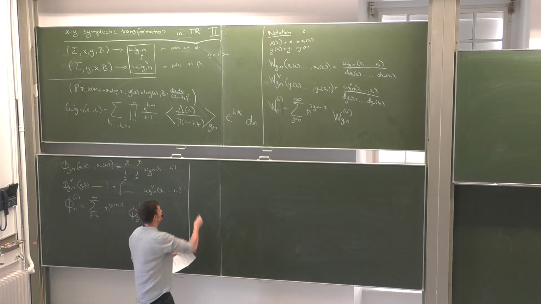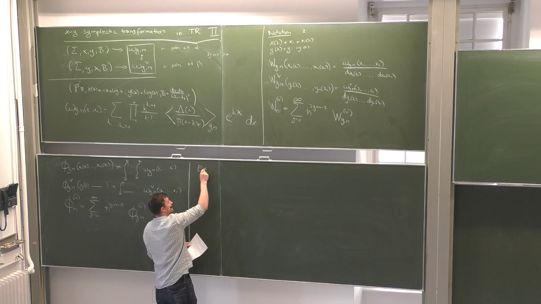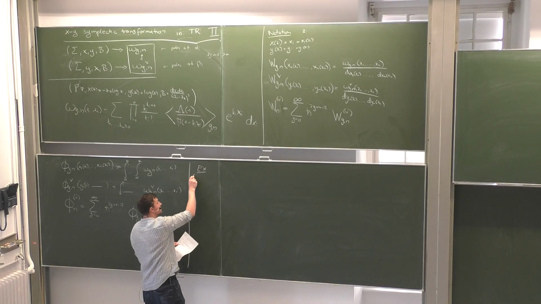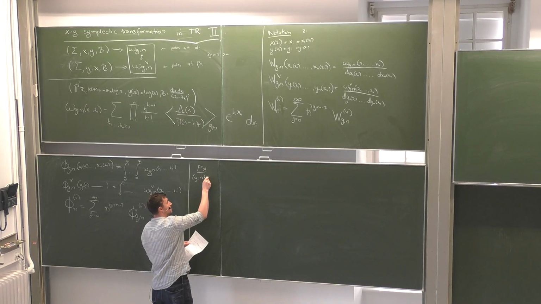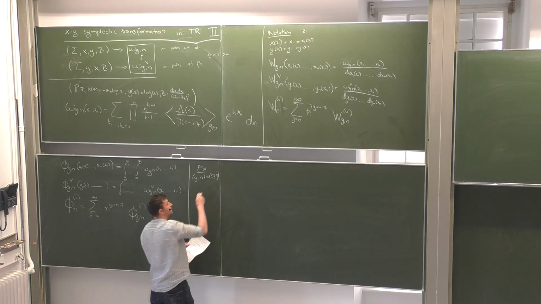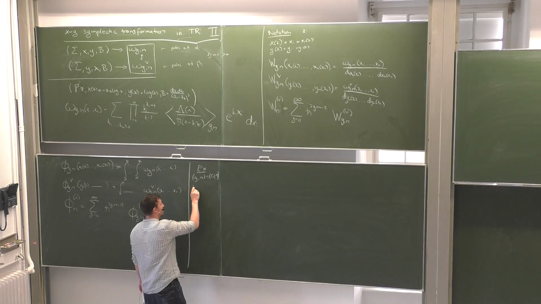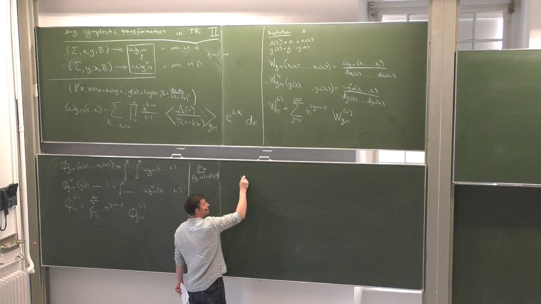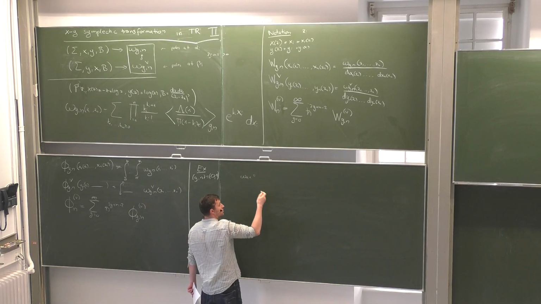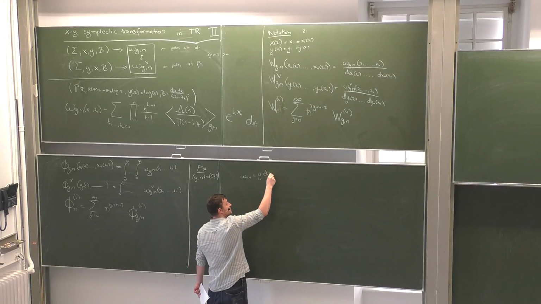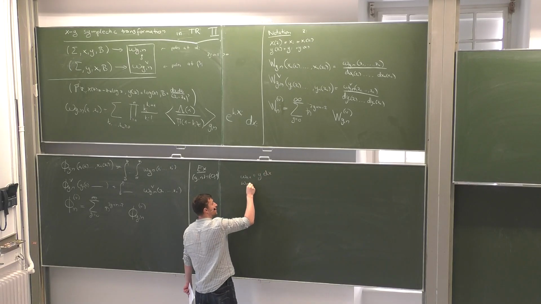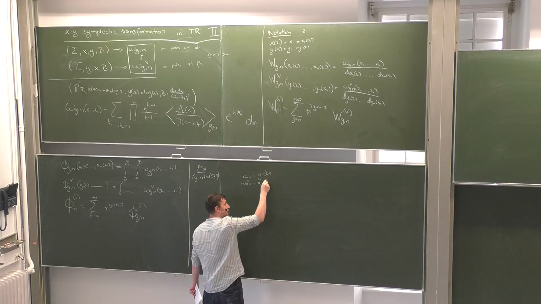Good. So now look at the example (g,n) equal to (0,1). Just remember, omega_{0,1} was y dx and omega_{0,1} check was x dy.